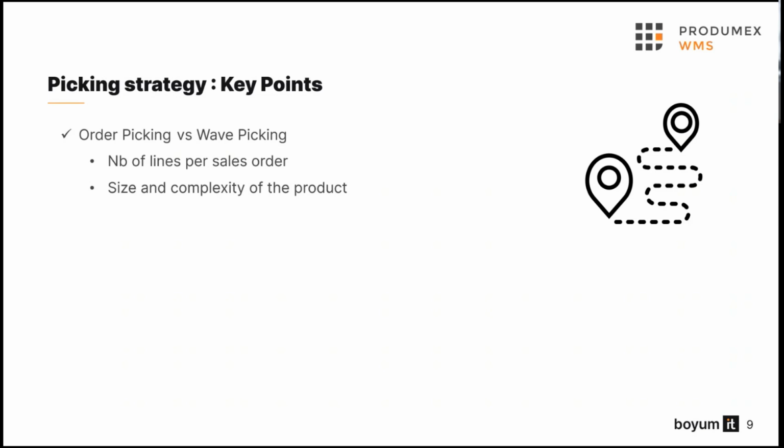Same thing for the complexity of the product. If the product requires specific actions or specific logistic devices, then you will probably go for order picking, because usually complexity means that the picking is a bit longer. And so, to avoid having too long a picking, you will keep them split and pick sales order per sales order, and not mutualize them.